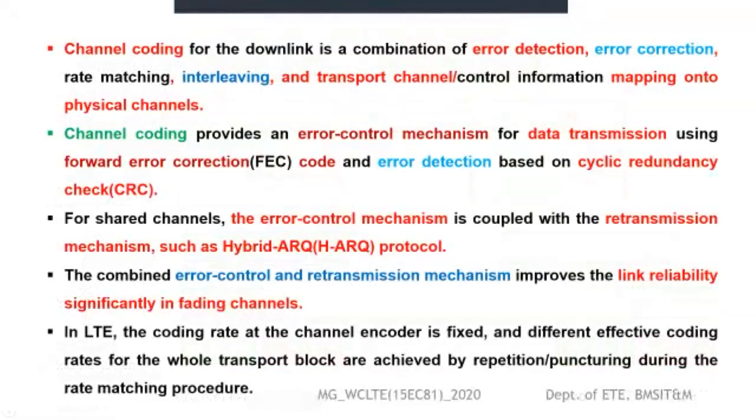What I said about channel coding for the downlink is that it is a combination of error detection, error correction, rate matching, interleaving, and transport channel or control information mapping onto the physical channels. It provides an error control mechanism for data transmission using forward error correction code and error detection based on the CRC, that is, cyclic redundancy check.